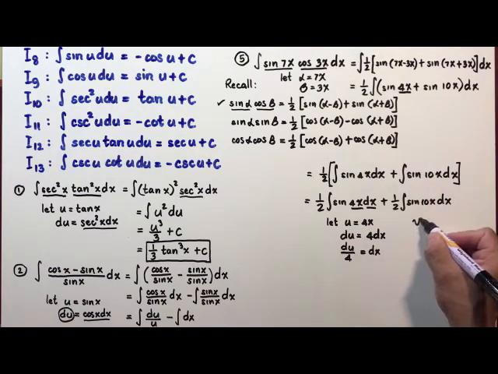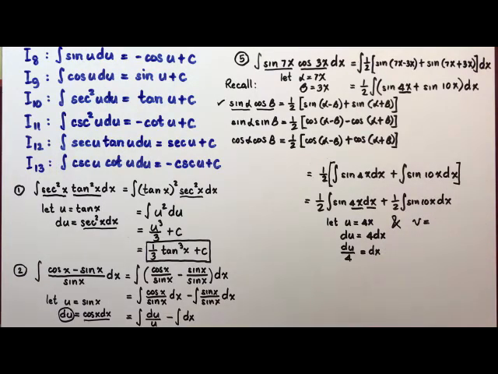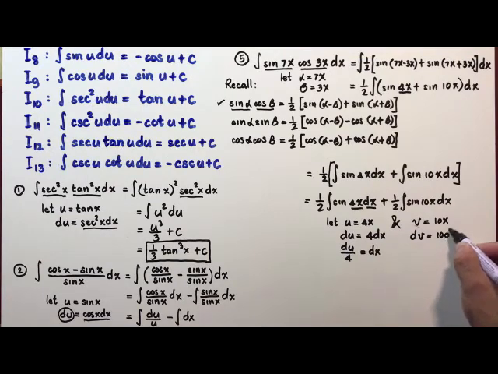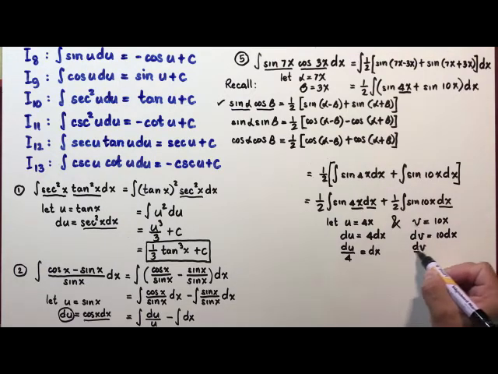Also, I can let v, so I'm using another variable, be 10x. And when we find dv, this is equal to 10 dx. But I have only dx here, so I can divide both sides by 10.